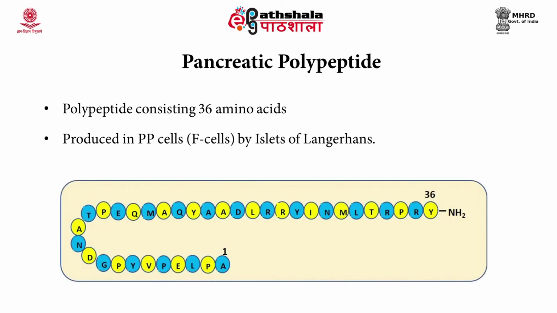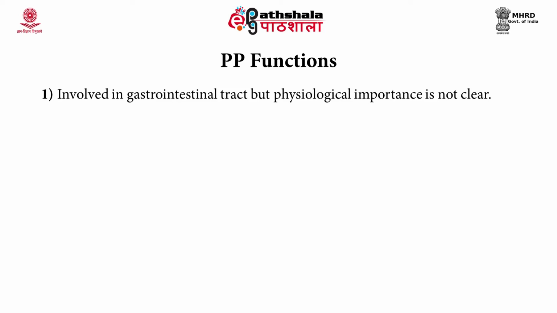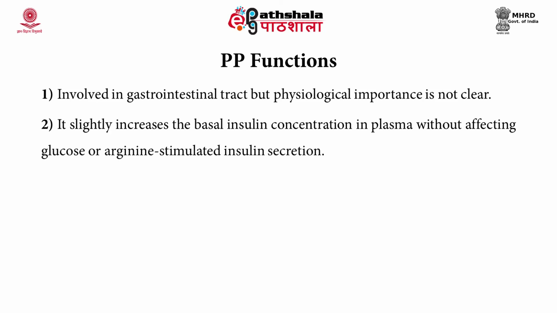The fifth pancreatic hormone is pancreatic polypeptide, consisting of 36 amino acids, and it is produced in PP cells or F cells of the pancreatic islet. Basically, it is involved in the gastrointestinal tract, but its physiological importance is not clear. It slightly increases the basal insulin concentration in plasma without affecting glucose or arginine stimulated insulin secretion.